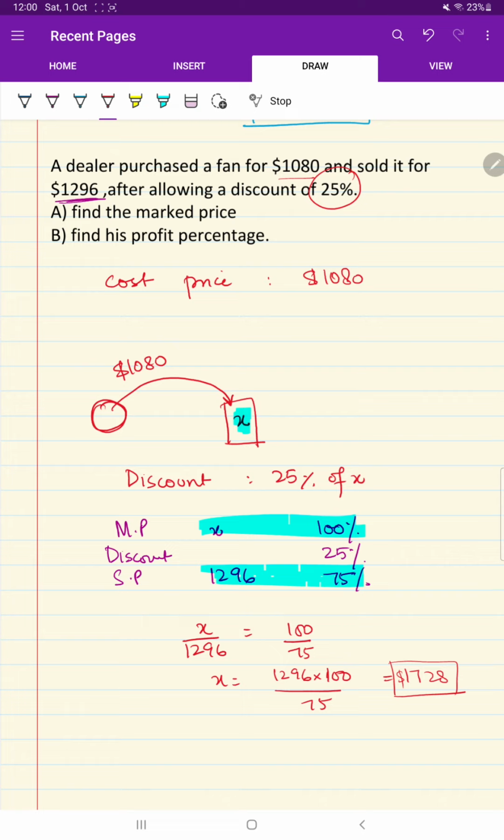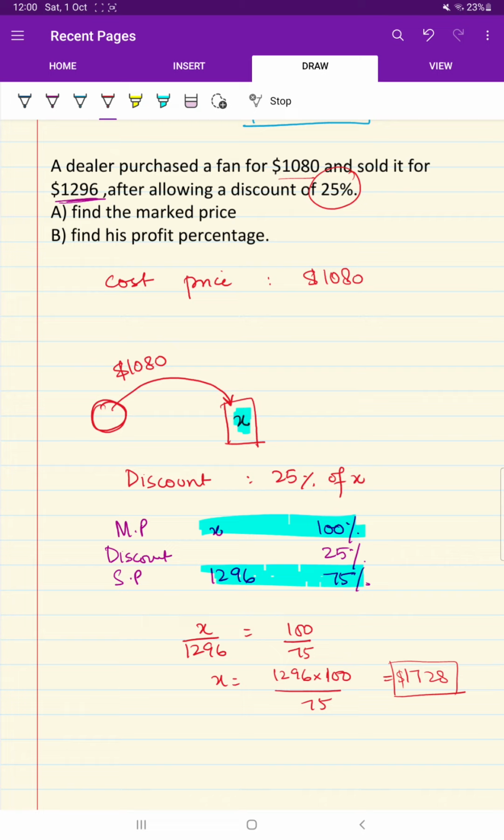Now let's move from discounts to profit and loss, because now he's talking about profit. Remember, discount is something else, profit is something else. You need to understand this. Discount is given on the selling price. For example, if I go to the market and I see a dress there, there's a tag with the dress, right? That tag has the selling price, which already includes cost plus profit for the shopkeeper.